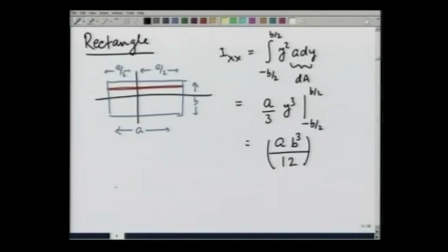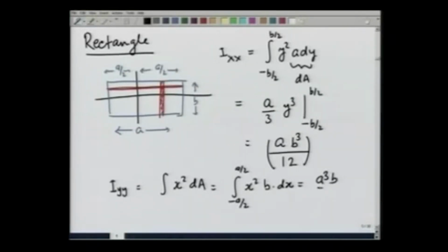Similarly, when I calculate Iyy, for that I choose a strip parallel to the y-axis and calculate the integral of x squared dA, which now becomes x squared b dx, with x varying from minus a by 2 to a by 2, and this comes out to be a cubed b over 12.